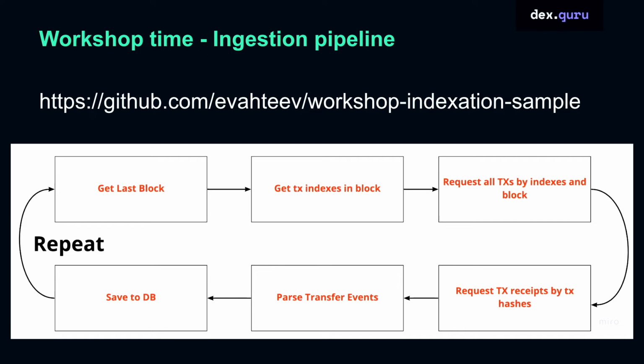You need to get the last block number, get all transaction indexes from the blocks and request all transactions by their indexes, so it's a loop there. Then request receipts, because you parse receipts to get transfers. And then basically in receipts, you're looking for the Transfer event, and that's how you parse the thing.